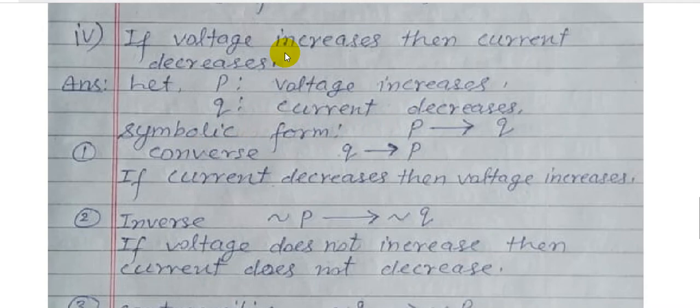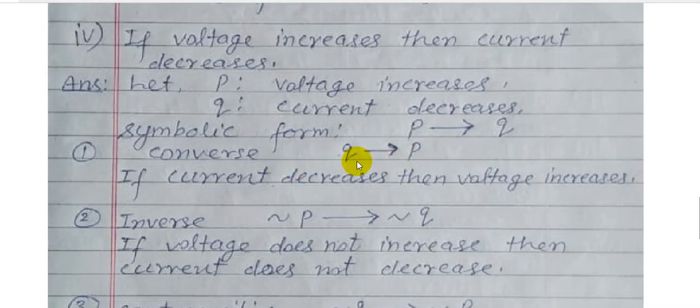According to the rule, the symbolic form is P conditional Q, meaning a single arrow between P and Q. So what will be the converse of the statement? You know very well, according to the rule, the converse of the given statement is Q conditional P. After writing Q conditional P, you have to write its verbal form.